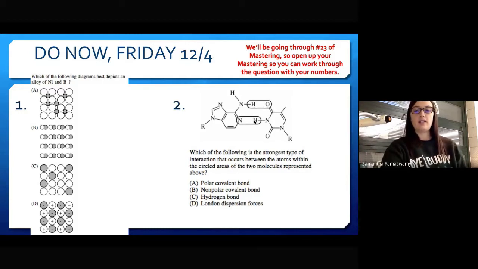This hydrogen is covalently bonded to N, and it's attracted to another N. So that's also a hydrogen bond. So number two is C. So one is A, two is C.